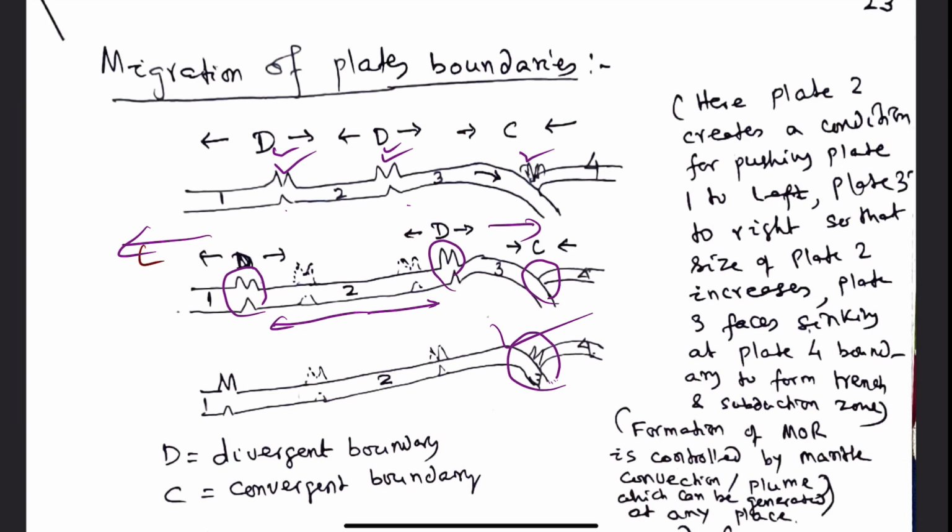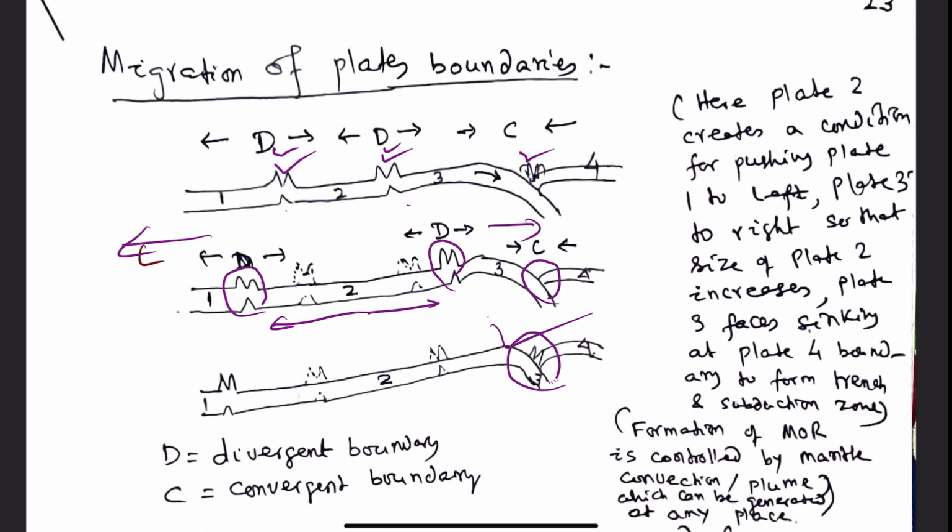So it shows that the plates are not constant features over the earth surface. They are found to change their size. Oceanic plates are being created and destroyed, but continental plates simply face rifting and union.